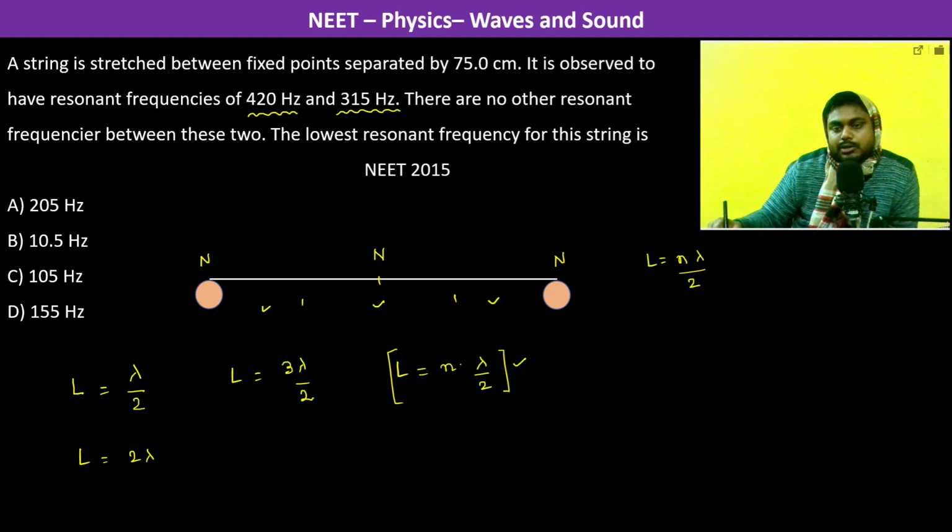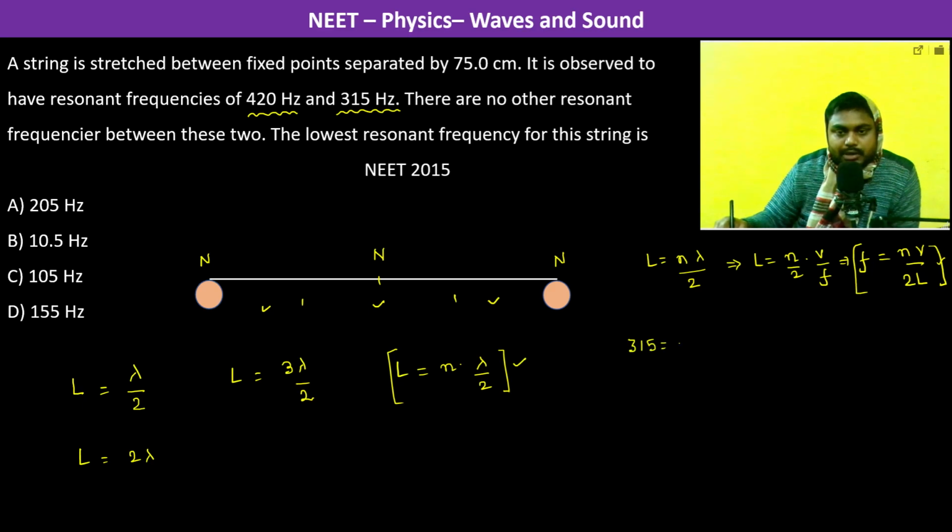Now lambda is equal to velocity divided by frequency. So therefore L is equal to n by 2 into velocity divided by frequency. So therefore frequency becomes n v upon 2L.